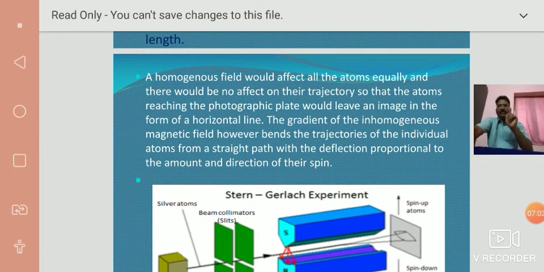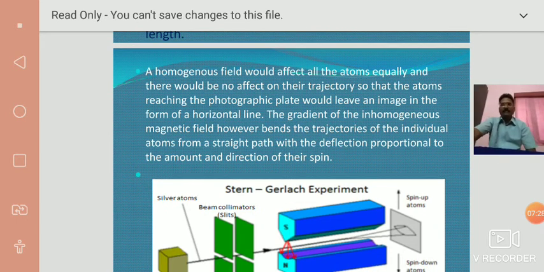Therefore, due to the change of magnetic field, the silver atomic beam is oriented or turned in the direction perpendicular to the magnetic field. Hence, the single strip can be resolved into a double strip. Simply, we can understand this as space quantization.